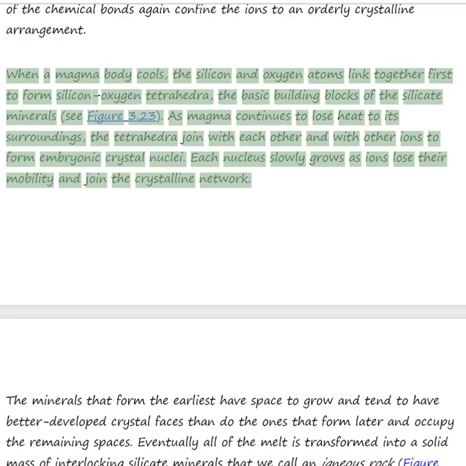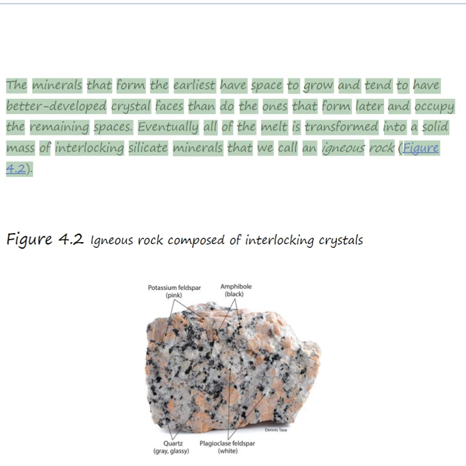As magma continues to lose heat to its surroundings, the tetrahedra join with each other and with other ions to form embryonic crystal nuclei. Each nucleus slowly grows as ions lose their mobility and join the crystalline network. The minerals that form the earliest have space to grow and tend to have better developed crystal faces than do the ones that form later and occupy the remaining spaces.